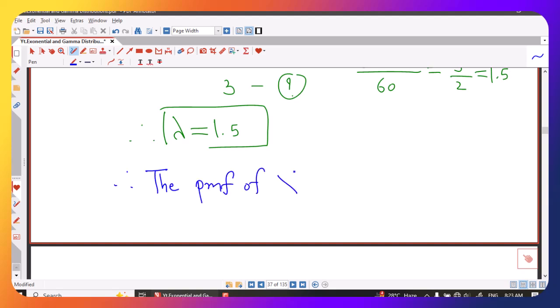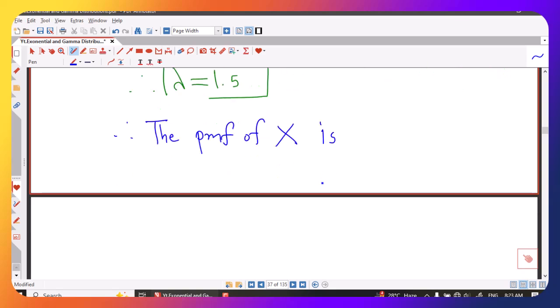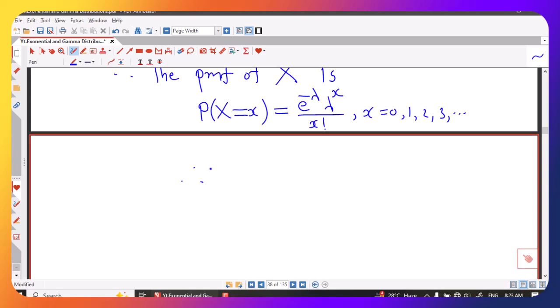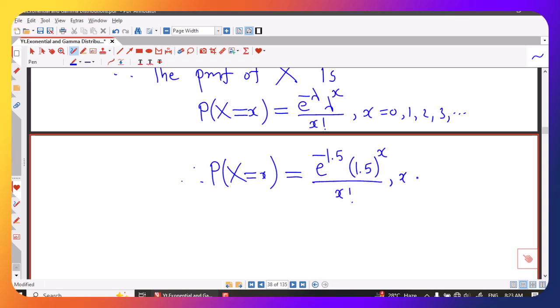The probability mass function of capital X, the probability that capital X equal to small x, is e raised to minus lambda, lambda raised to x, divided by x factorial, and here our random variable is discrete. Now we can put the value of lambda. Probability that X equal to small x is e raised to minus 1.5, 1.5 to the power x, divided by x factorial, and x is 0, 1, 2, 3 and so on.